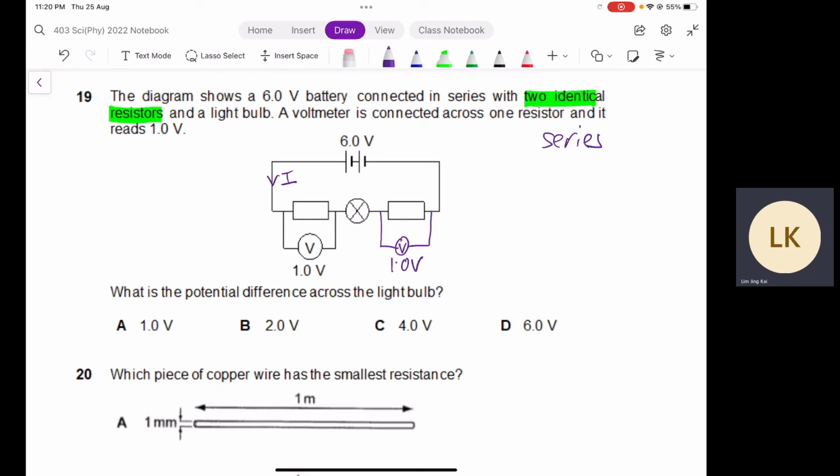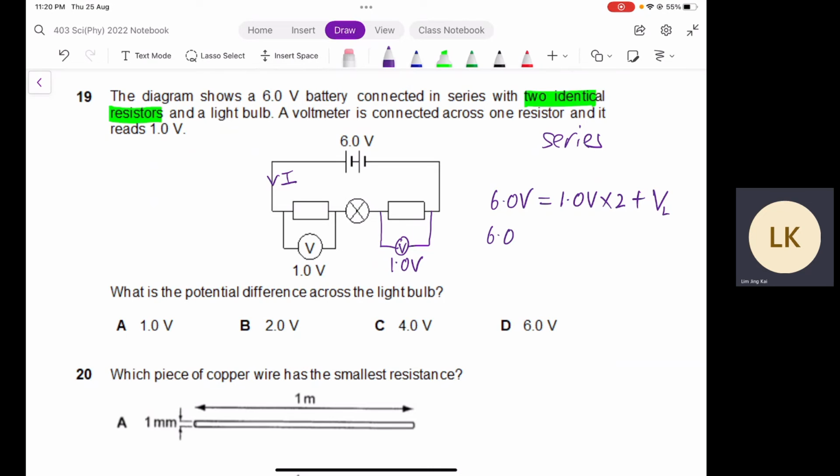Now that we know that the EMF is 6 volts, and the individual resistors are 1 volt each, we can find the voltage of the light bulb. The sum of all the potential differences across the components is equal to the EMF.